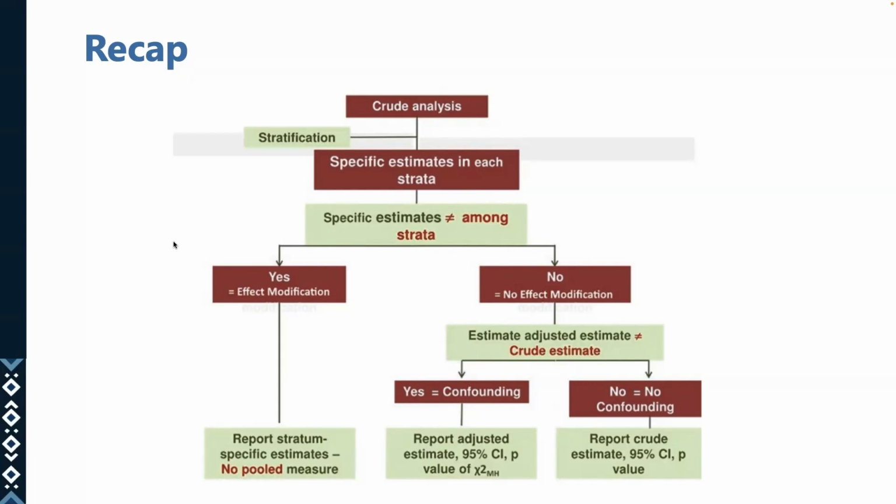And now we compare, are these stratum-specific estimates the same? If they are not the same, then we are looking at the aspect of confounding, and then of course there are some further things downstream to really confirm if that thing is a confounder or not. But now, if these stratum-specific estimates are very different, then you might be having a scenario of effect modification, and in that sense, you want to report not the crude analysis, but the stratum-specific estimates.